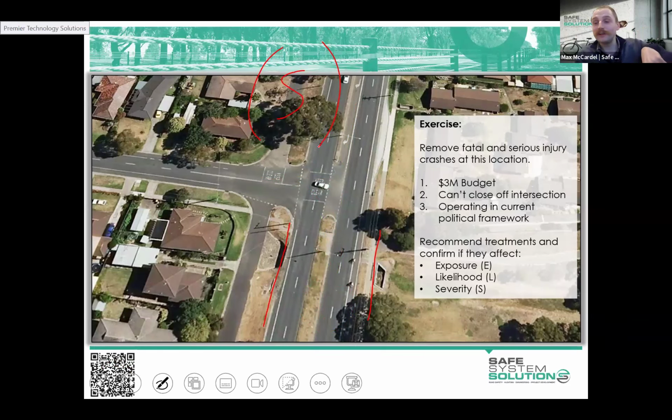Basically, previously there's no barrier. It could be quite a serious outcome because vehicles are going straight into an open ditch or an open culvert. Quite high severity. If you put the barrier system in, it's likely to be able to contain that vehicle, so you don't have that serious outcome. The likelihood, though, isn't actually changed because it's just as likely for a vehicle to run off the road there.